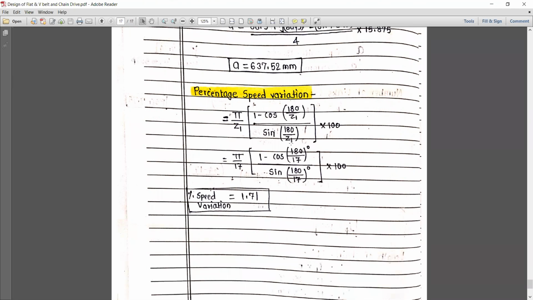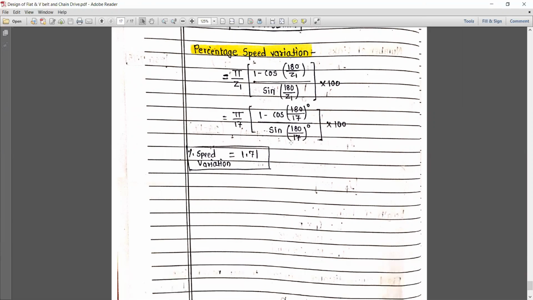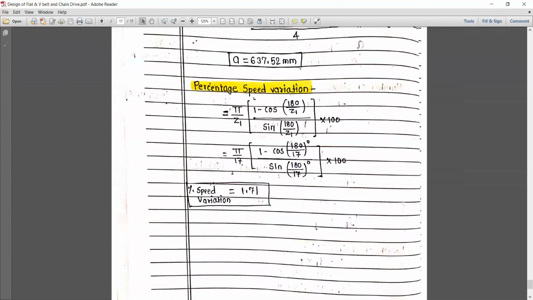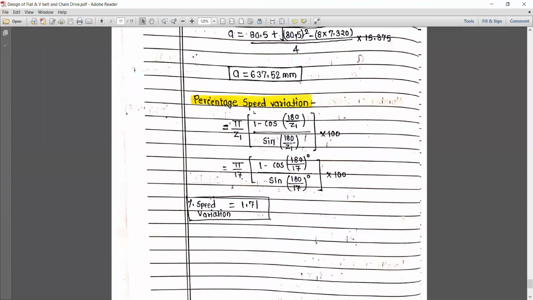Now the percent speed variation, that equation is pi by Z1 into (1 minus cos of 180 divided by Z1) divided by sine of 180 divided by Z1, into 100. Putting all the values, the speed variation is equal to 1.71%. So this is some basic design of a chain wheel drive.